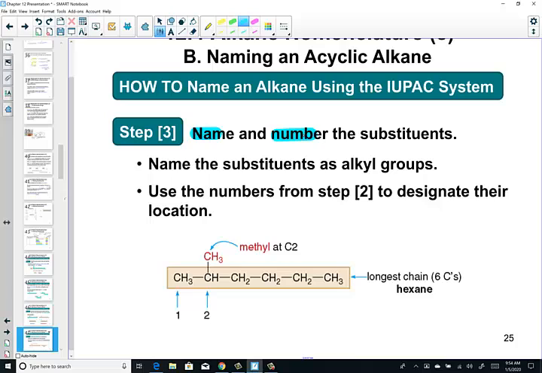So you're going to name the substituents as alkyl groups, for example, methyl. And then tell me the location by using a number. The number designates where it's located on the backbone chain. And when we put that all together, we come up with a numbering system and a naming system that's unique for every molecule.